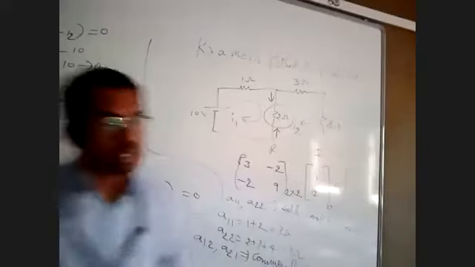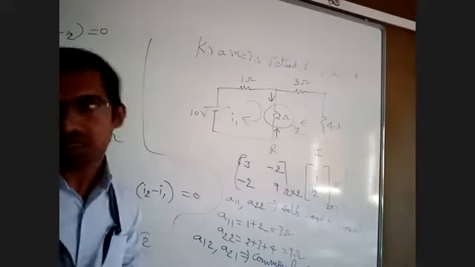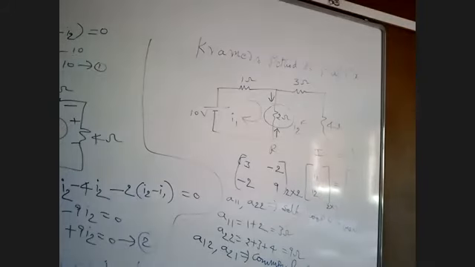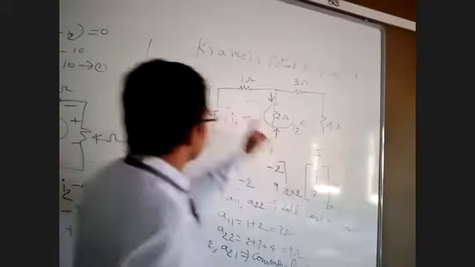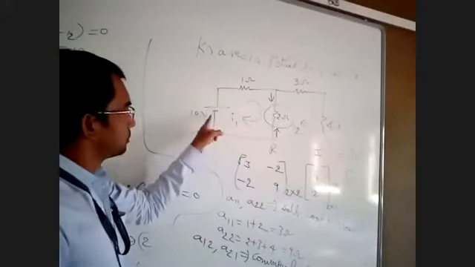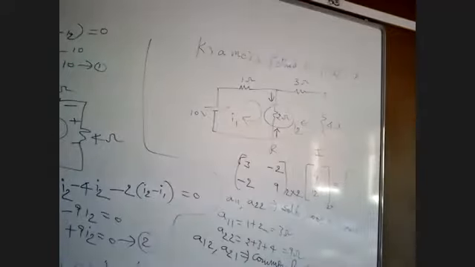Now come to the voltage matrix. See here, voltage in the first loop. How many voltage sources are there? Only one, only 10 volts.